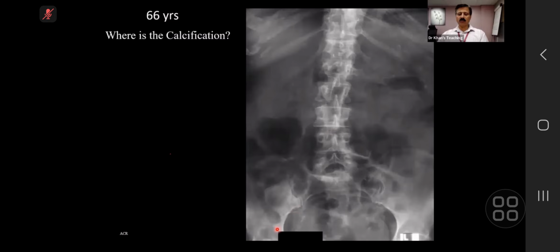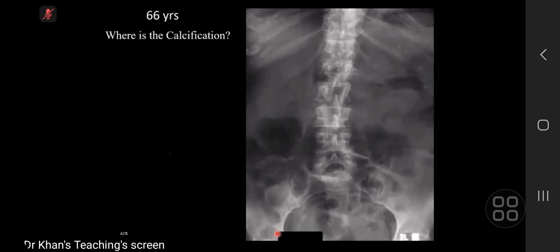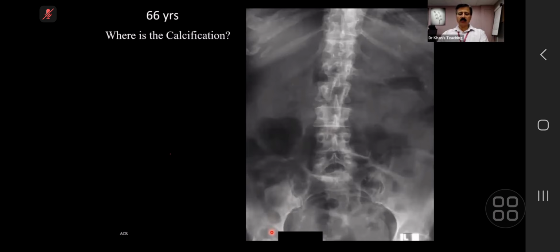So in this region, what kind of vascular calcification? Actually, you will see it very commonly in old age patients. Splenic artery? Yes. So please remember that splenic artery is very tortuous, and it is classical like this, that where you will see this calcification as well as its tortuosity.